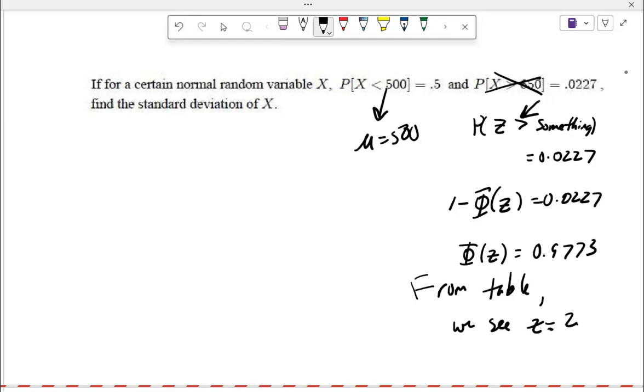Why did I do all of that? Good. That was the z-score, right? Z equals x minus mu over sigma. What values do we know?